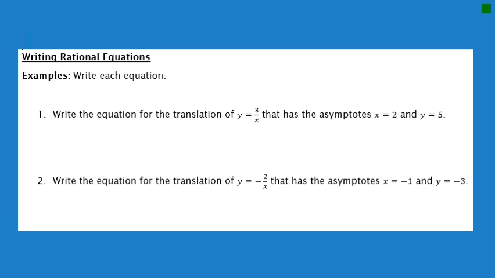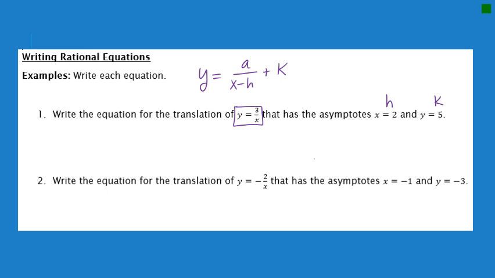Before we start, I want to write the standard form that we use for the rational family. So what we're given here is an equation, y equals 3 over x, and it tells me that I have 2 asymptotes, x equals 2 and y equals 5. Remember that your asymptotes use h and k, so what this is really giving us is the horizontal shift and the vertical shift.